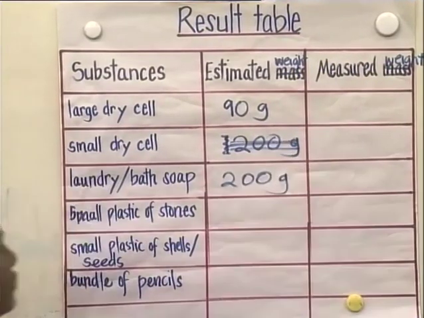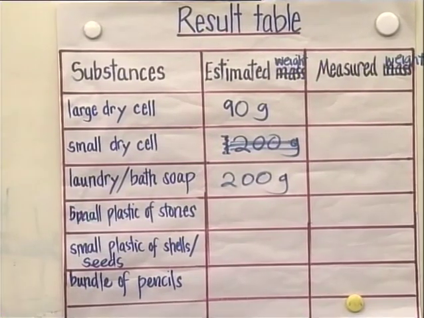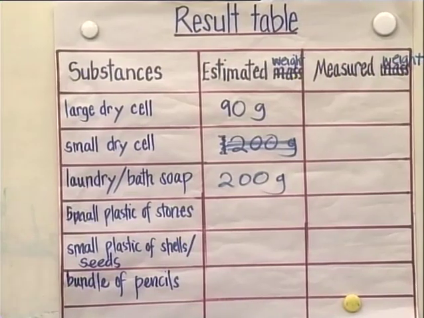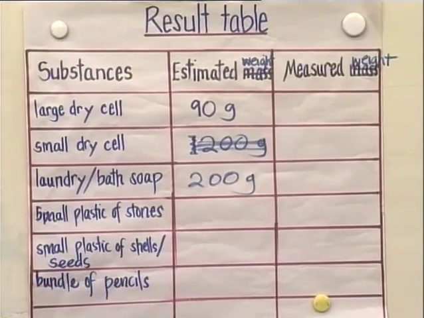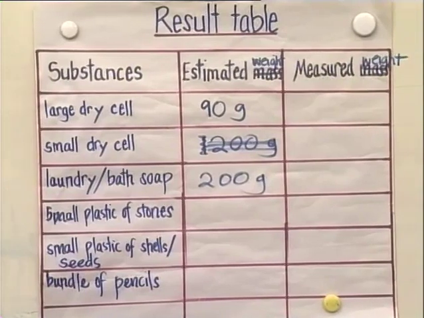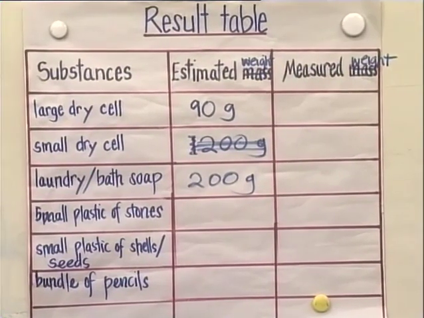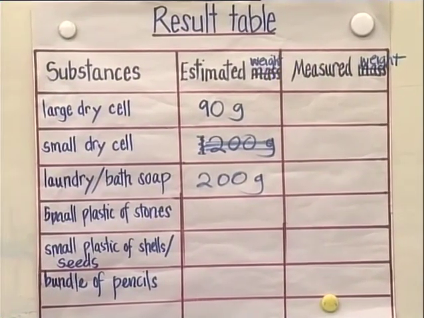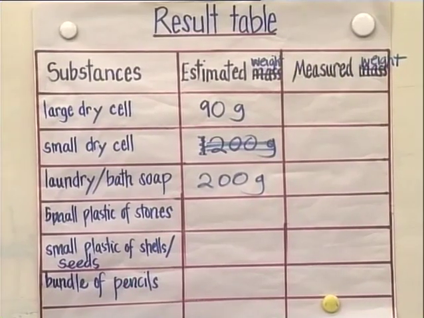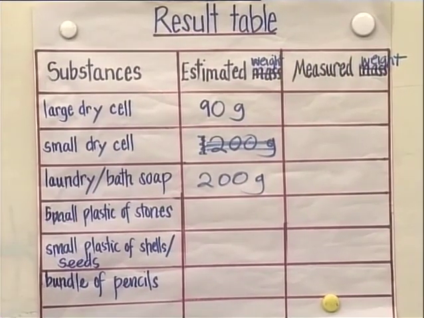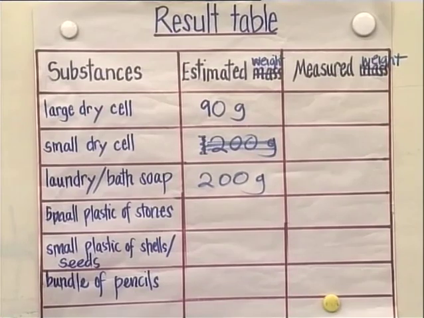Sorry, we don't have a small dry cell, so let's leave that out. What about a shell that I have seen on a table? That group there, what is your predicted weight for that shell? 30 grams.